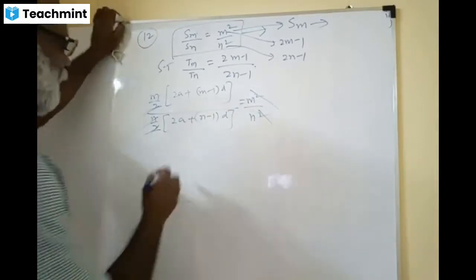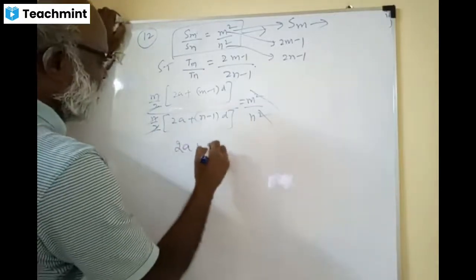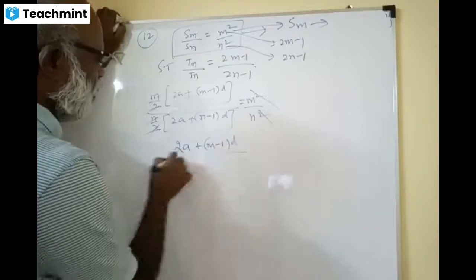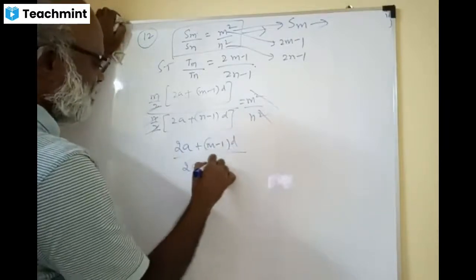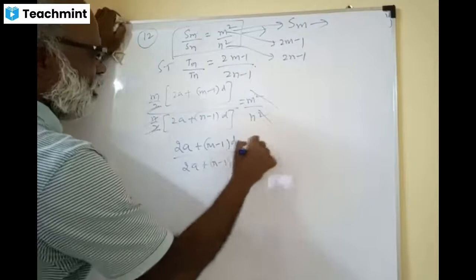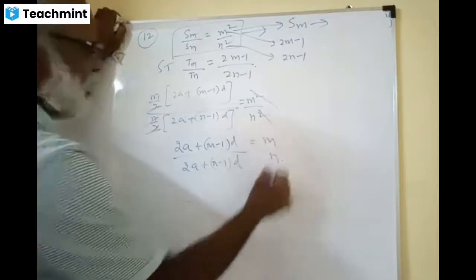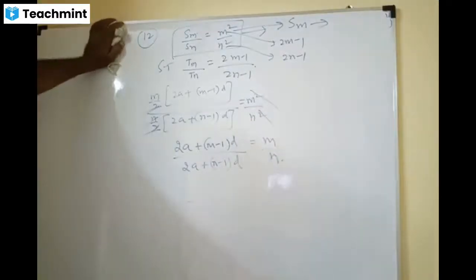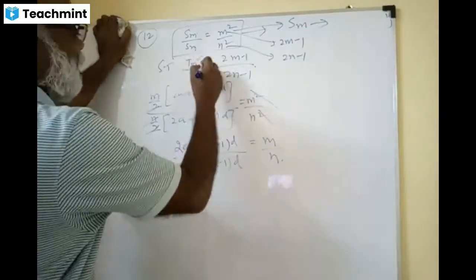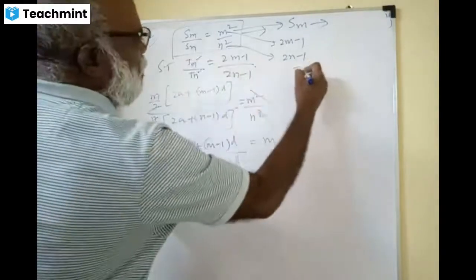Friends, now you have 2a plus m minus 1 into d by 2a plus n minus 1 into d equal to m by n. Do you agree? Yes, sir. Now you want Tm by Tn. What is the formula for Tm?